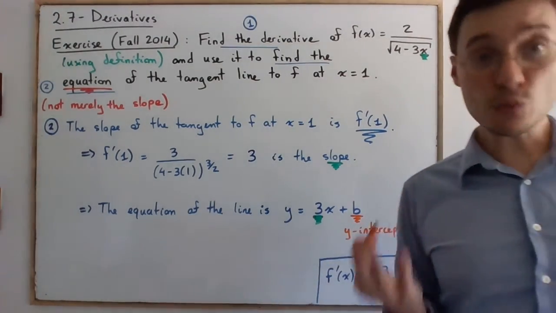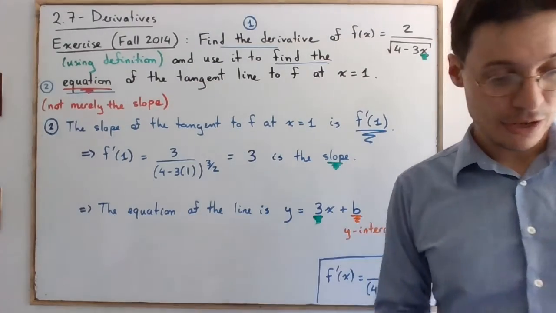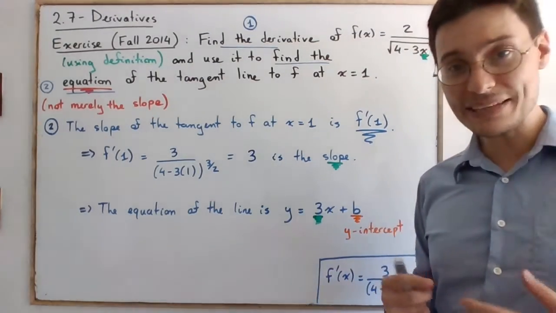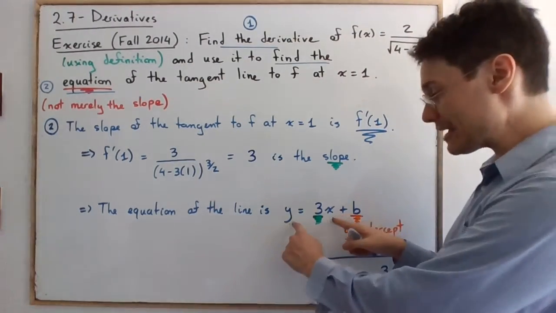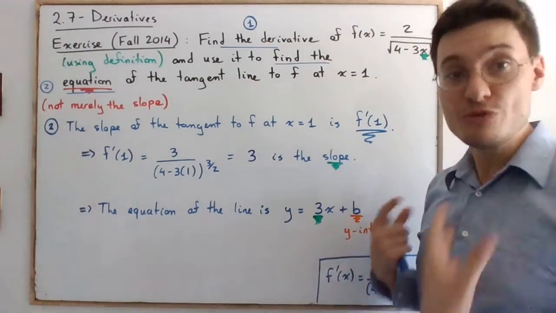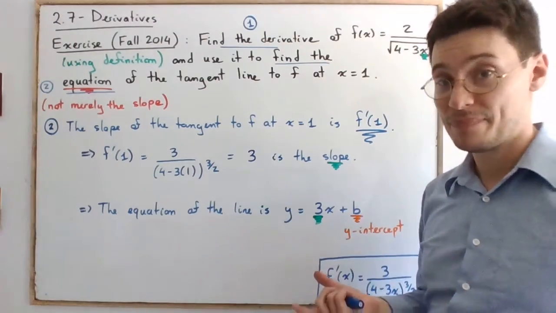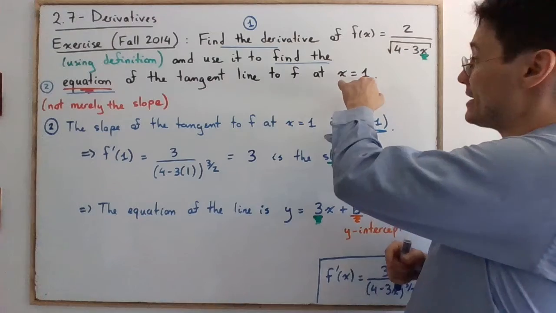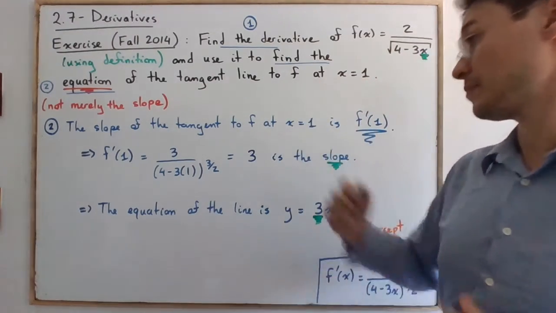Now, how do we find b? You should remember that the only thing we really need to do is to replace a point which we know is on the line. And that point is (1, f of 1).